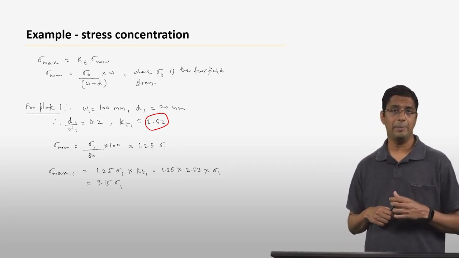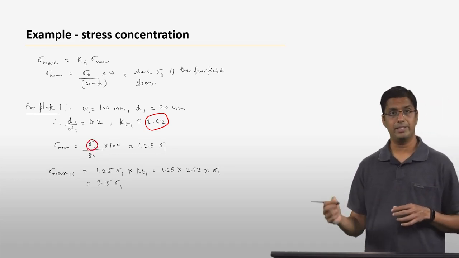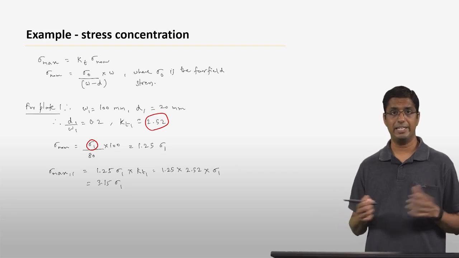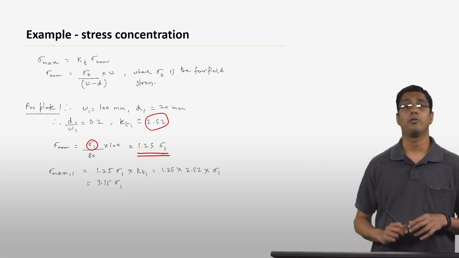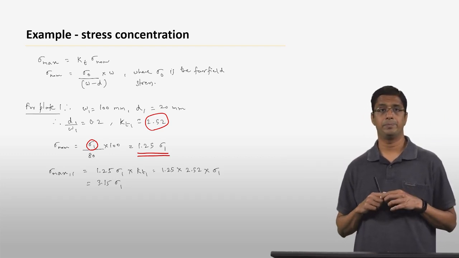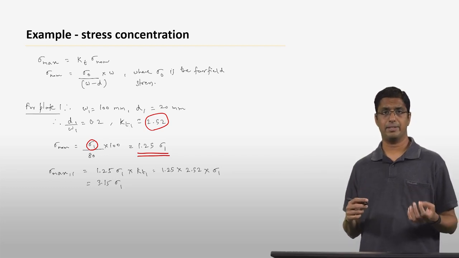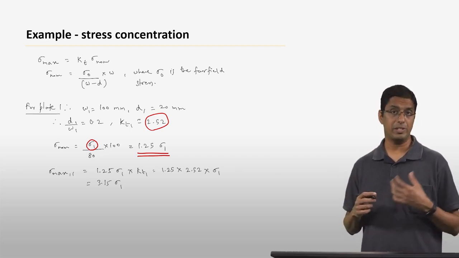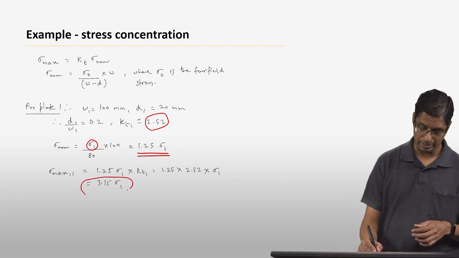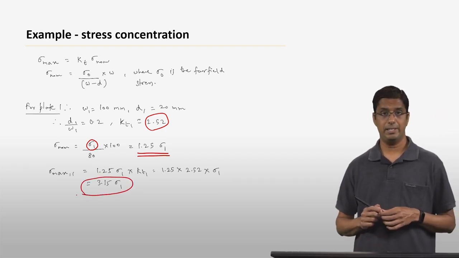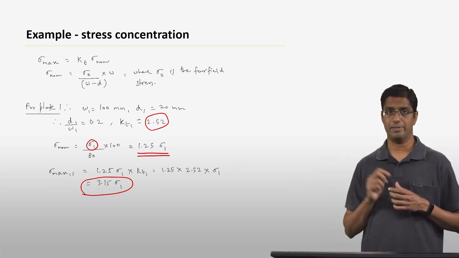Okay, now the nominal stress you can again find out is going to be sigma 1 times 100, which is the width, divided by 100 minus 20, which is 80. So essentially, the nominal stress in the cross section is 1.25 times sigma 1. Okay, so now you multiply the nominal stress at the cross section with the stress concentration factor, and you essentially find out that your sigma max in the first plate is essentially 3.15 times sigma 1, which is the far field stress.